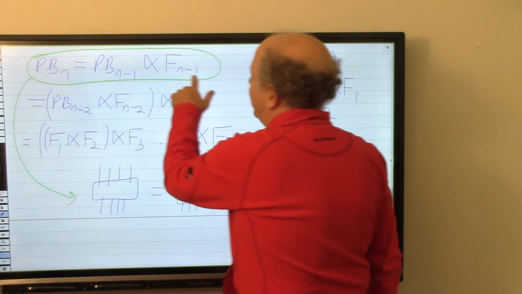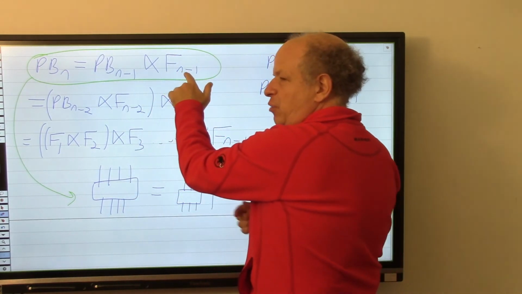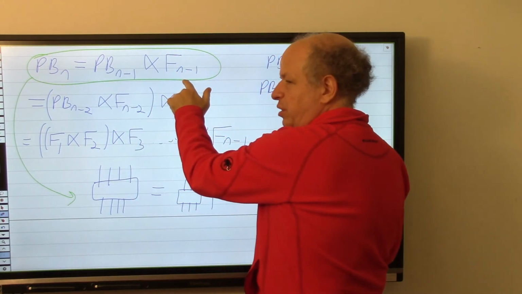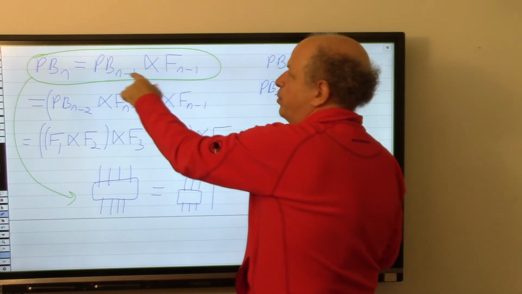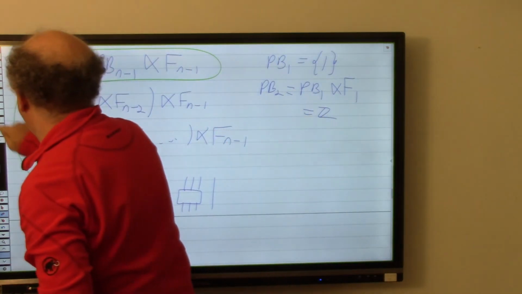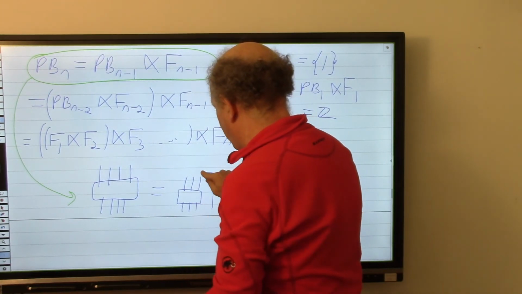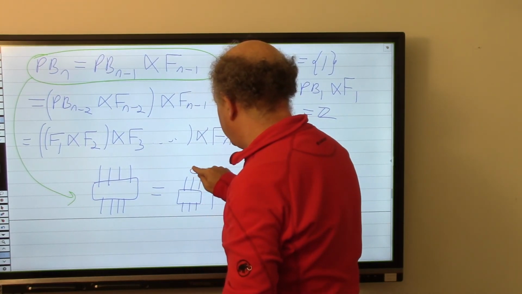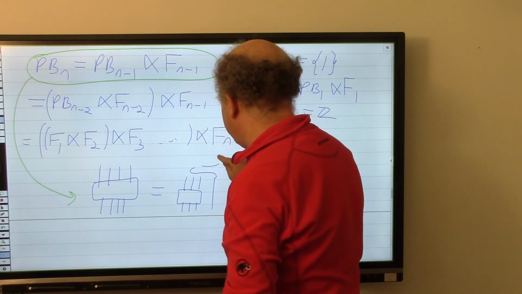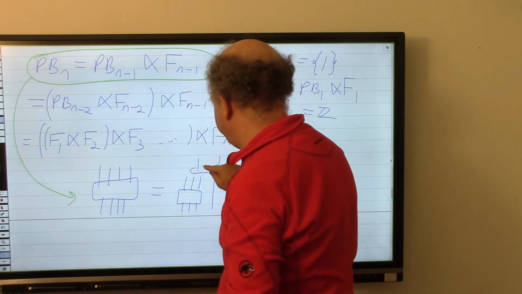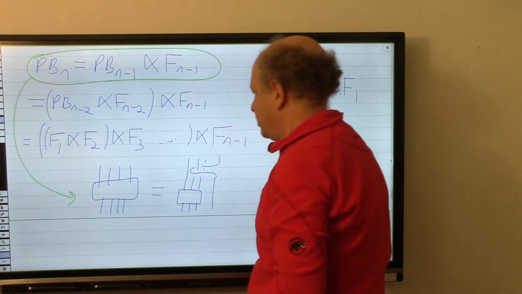So times F_{n-1}. How is an element of a free group a braid? It's a braid by letting strand number n wander around the other strands. Okay?